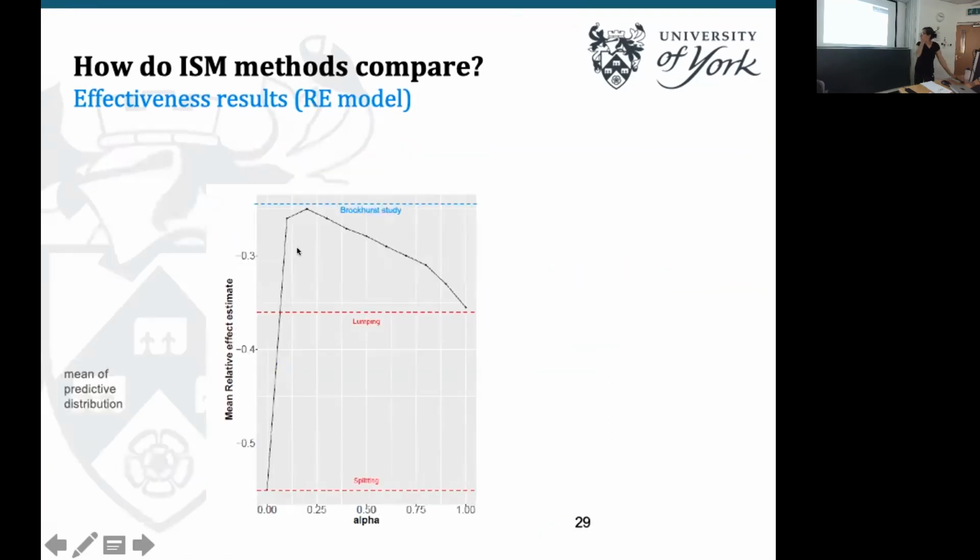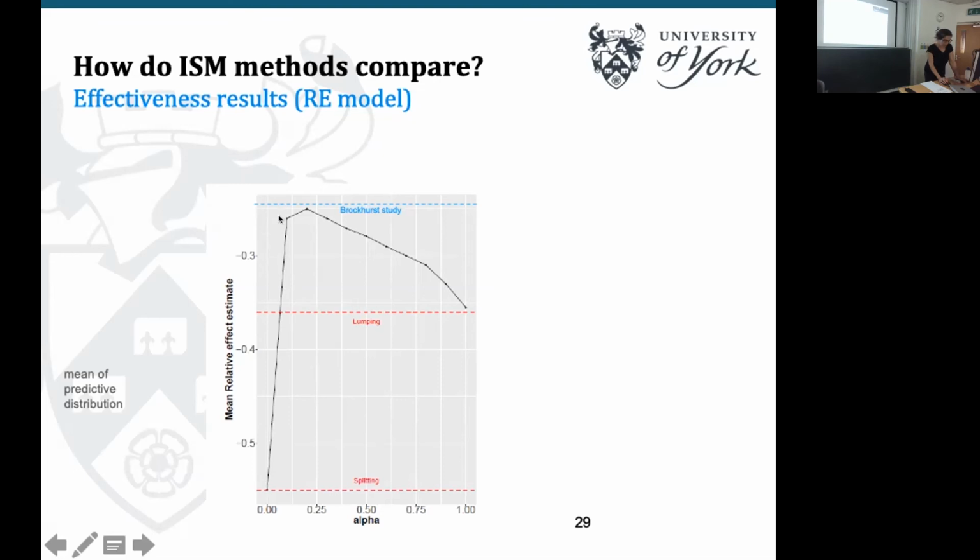With the random effects model, the power priors don't behave as neatly. You can see here the point estimate, the mean of the predictive distribution obtained for different alphas, depicted by the black line. And you can see that the point estimate actually goes above the lumping point estimate.